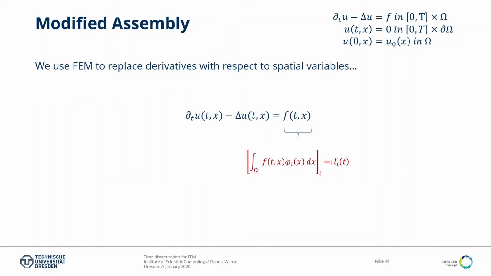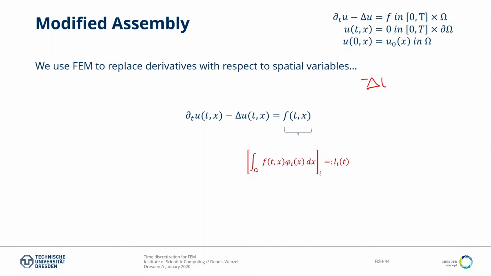And now we need to talk about assembly. The assembly is where it becomes interesting, because we now use the FEM that we have implemented before to replace all the derivatives with respect to spatial variables, in the sense that after doing this process, there is nothing that depends on x anymore. We want to get rid of everything that depends on x, and this was the same process that we have done in the stationary case.